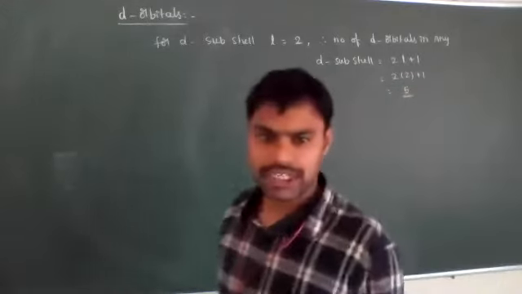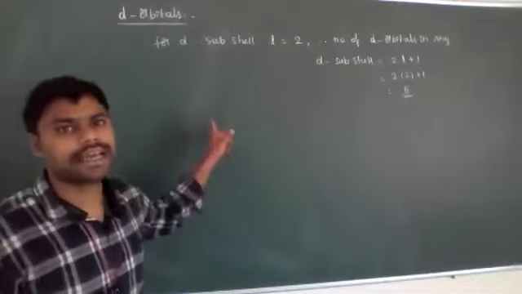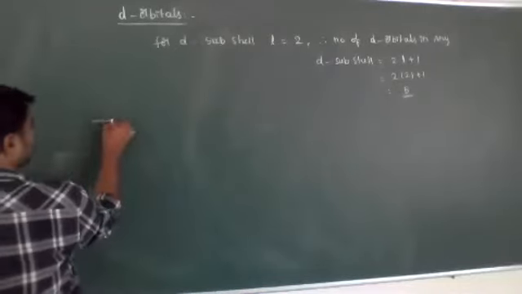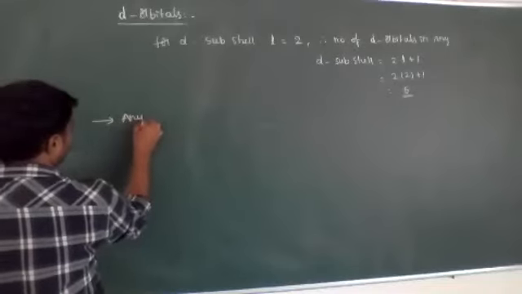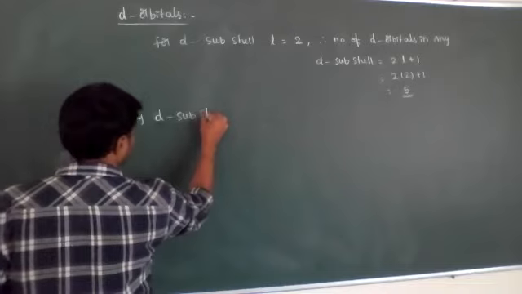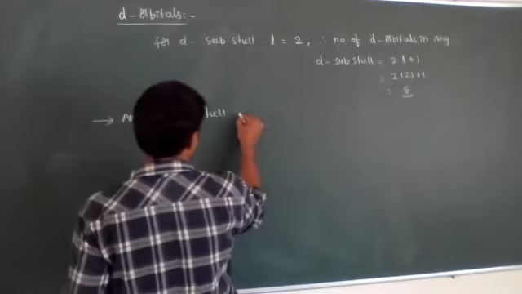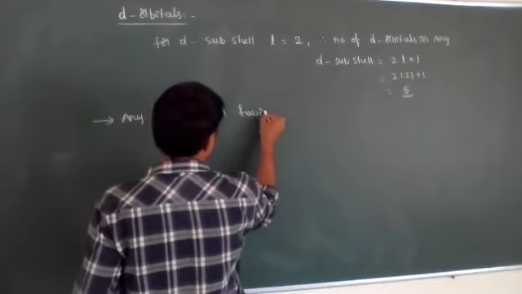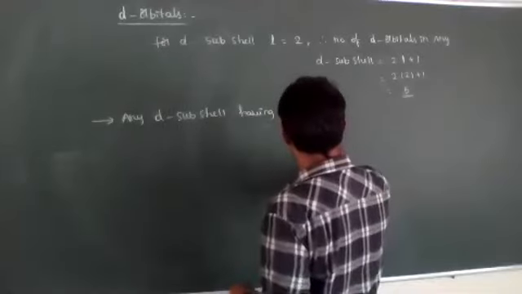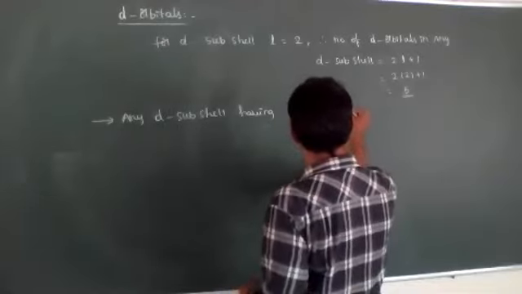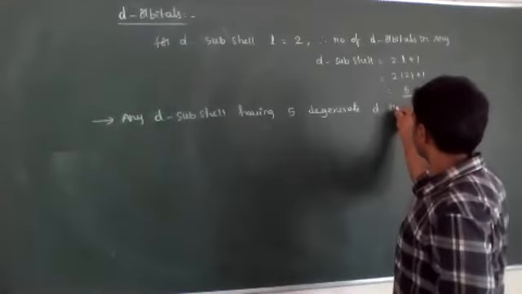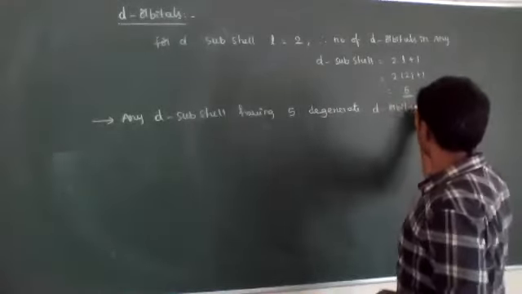So according to this derivation, any d subshell contains 5 degenerate d orbitals.